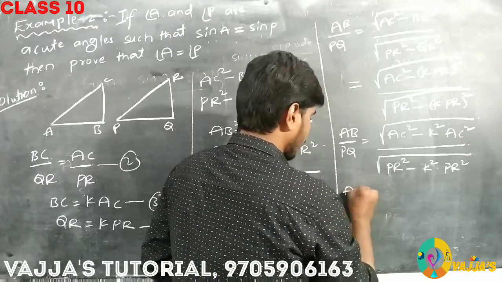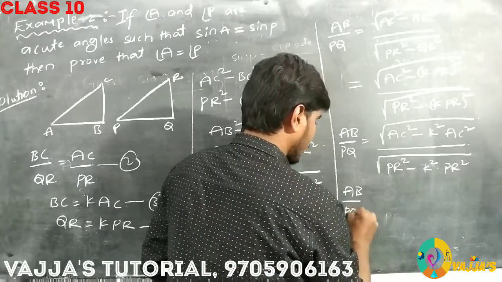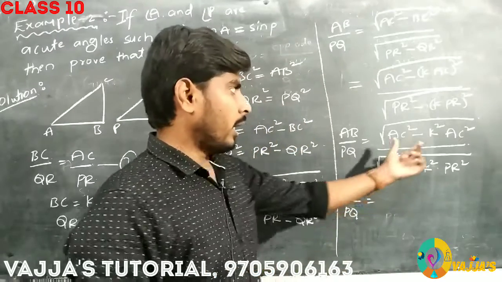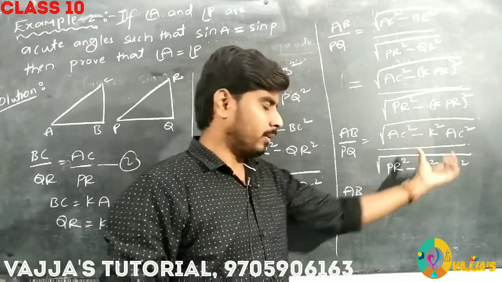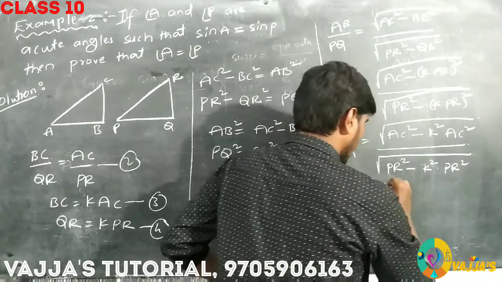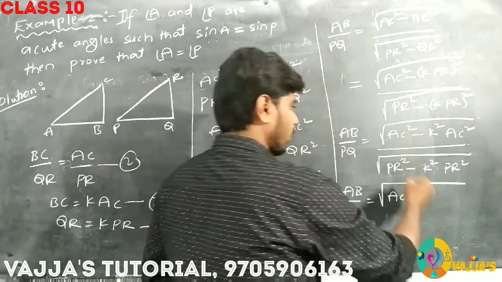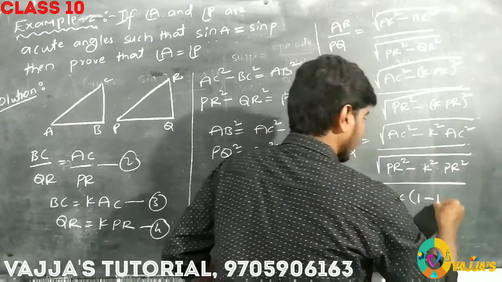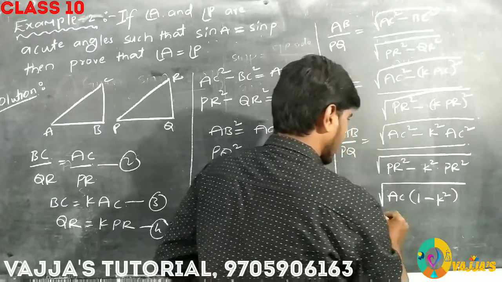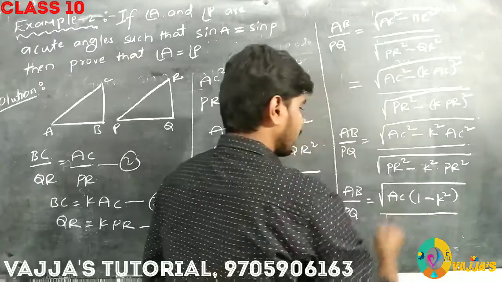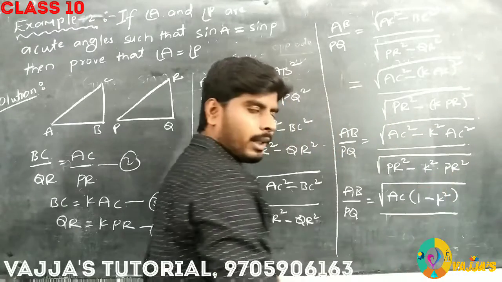So in the next step, AB by PQ equals, I am taking AC common here. So under the root, taking AC common, what is the remaining? Here 1 remains, here K square remains. Here I am taking PR square common.